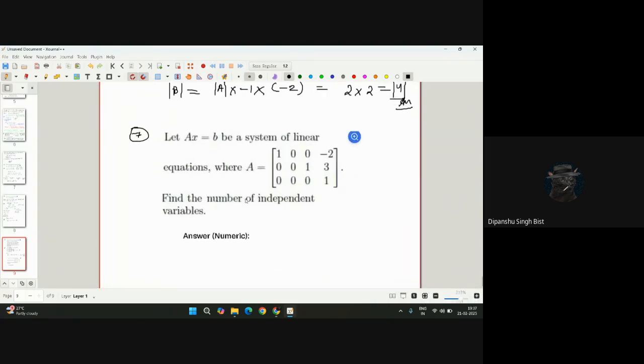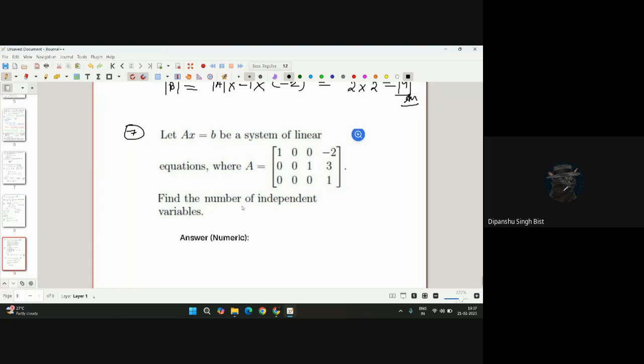So the next question here says find the number of independent variables. So how do you find the number of independent variables? You first change your matrix into the RREF or REF form, and then mark the pivots.